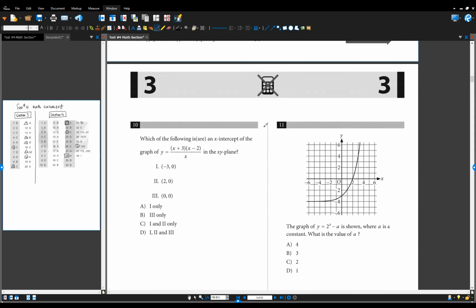Okay, which of the following is an x-intercept of the graph? X-intercept is the value of x which has y coordinate 0. This is 0. For what value of x is that 0? Denominator cannot be 0, right?